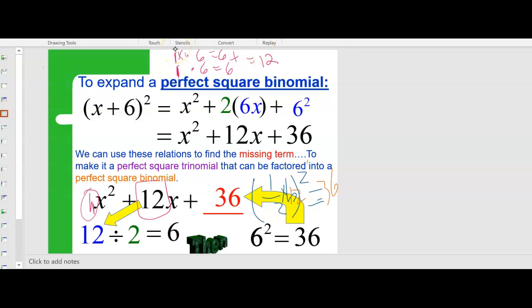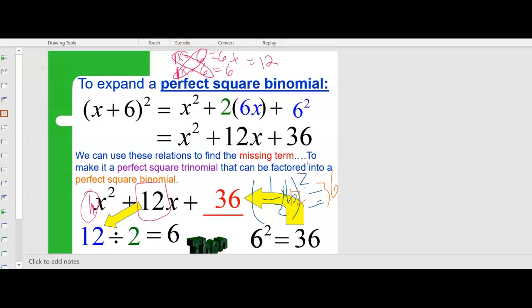x in the first column, so it's x plus 6, another x positive 6. Okay? And we know two repeated numbers times together means you have a square.